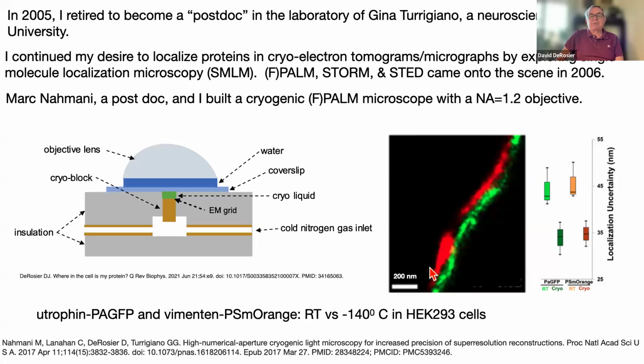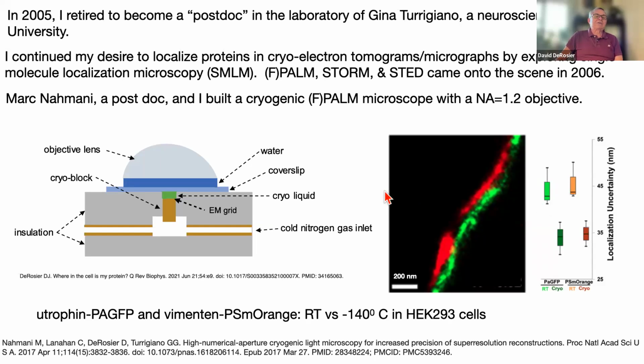And here's an example of a whole, this is not one, this is many, many little dots that we have just shown to show that utrophin and vimentin are separated as they should be. And of course, you can see 200 nanometers here. So you can see this really is super resolution. And our resolution in the cold was a little bit better, about 35 nanometers compared to a sample run at room temperature. It's about 45.